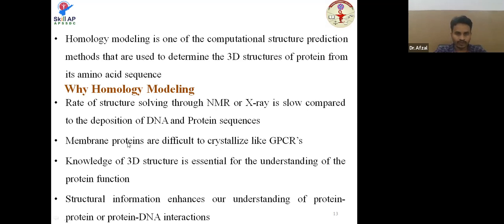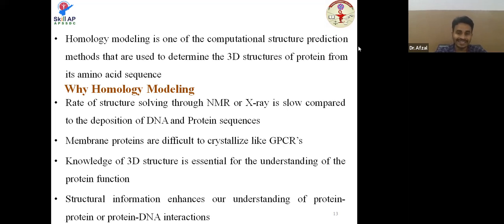As proteins are polyfunctional, they are associated with other proteins as well as other biomolecules, so they are difficult to crystallize. In particular, if the protein of your interest is associated with membranes, like the G protein coupled receptors, it is even more difficult, because G protein coupled receptors are a large family of receptors widely distributed throughout our physiological system. So this is one of the hard targets for the development of drugs against a variety of disorders.